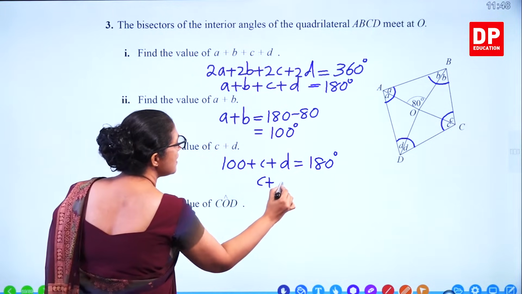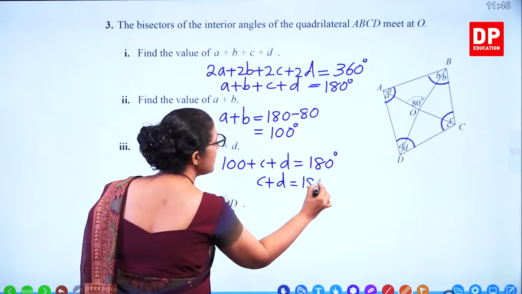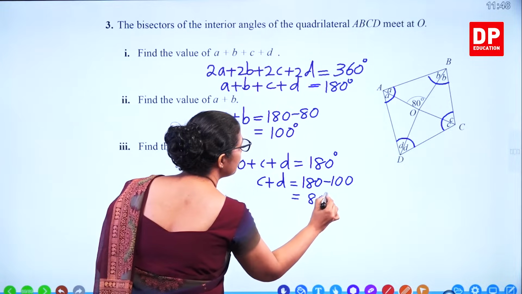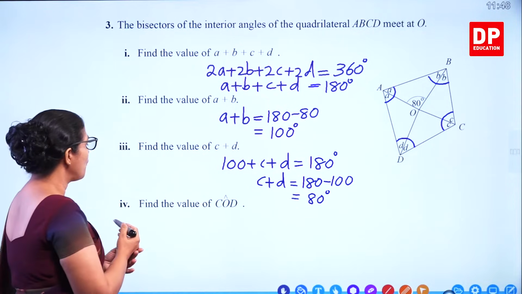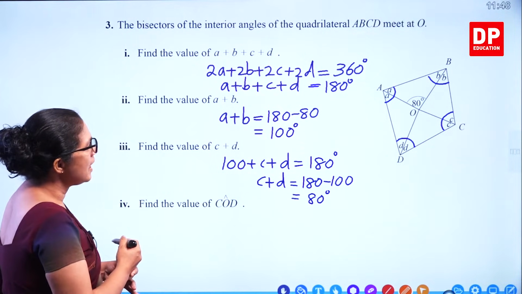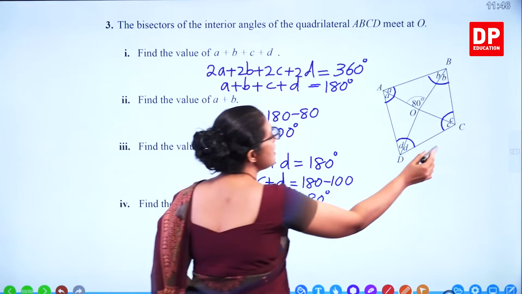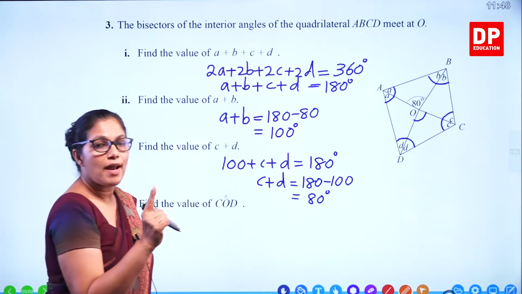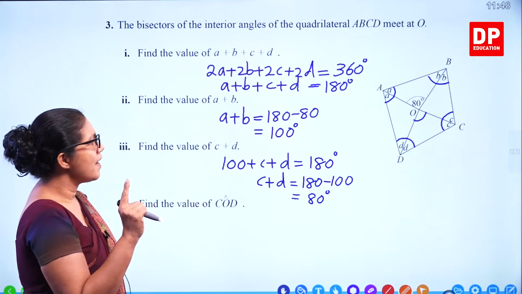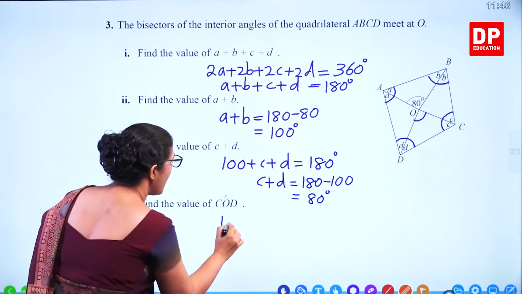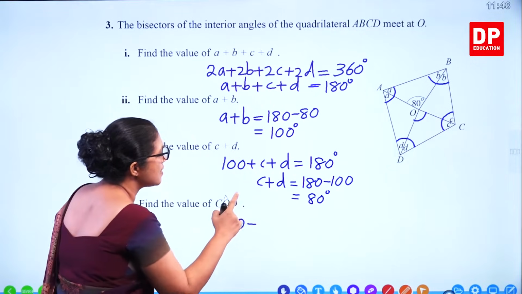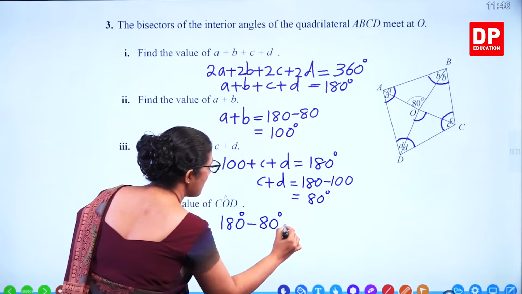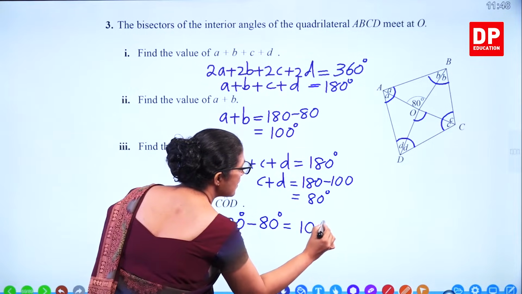So C plus D is 180 minus 100. That's 80 degrees. So find the value of COD. COD, this angle, you can subtract C plus D from 180. So 180 minus 80. That becomes 100 degrees.